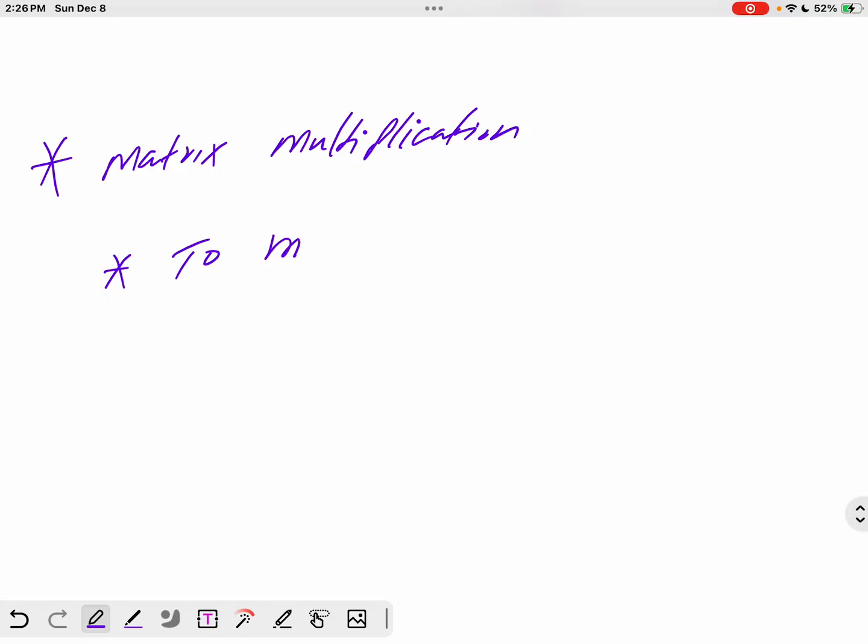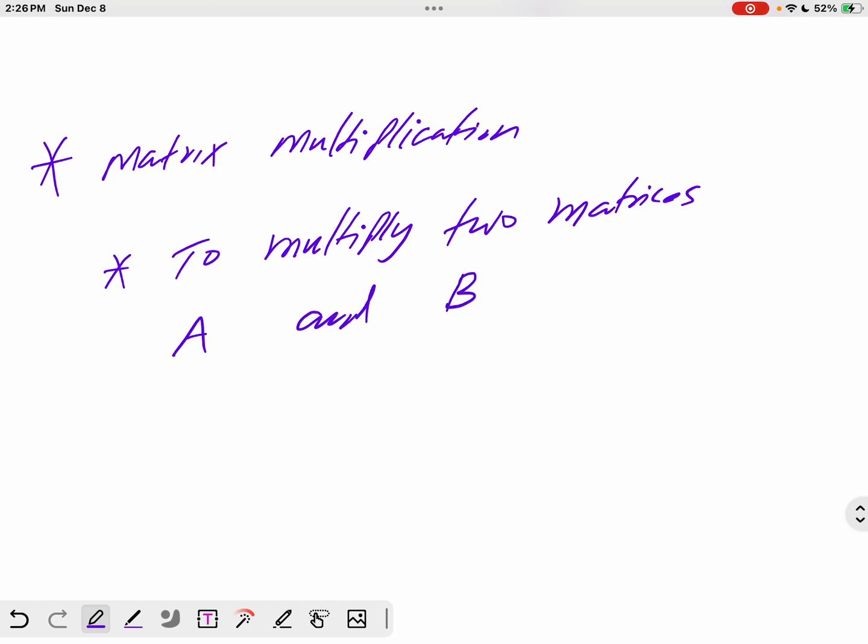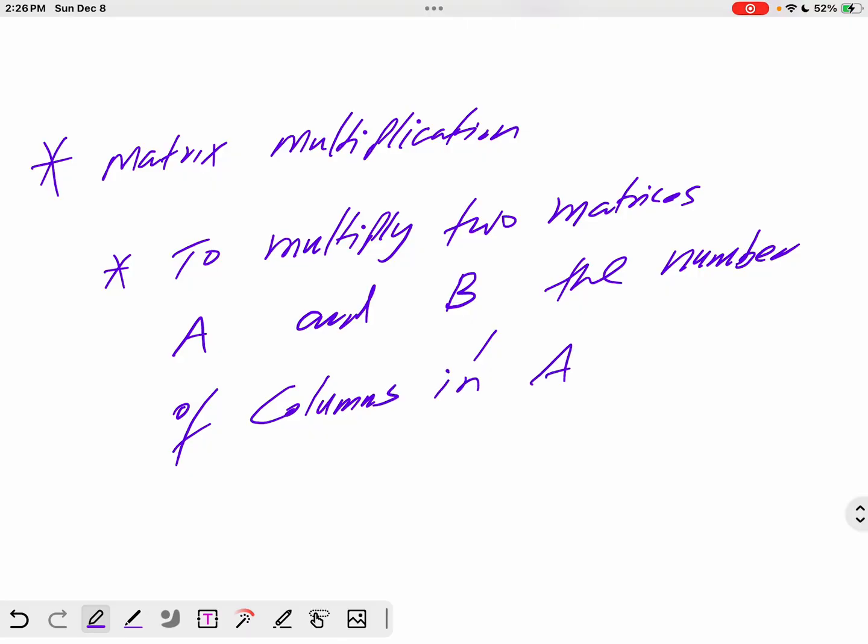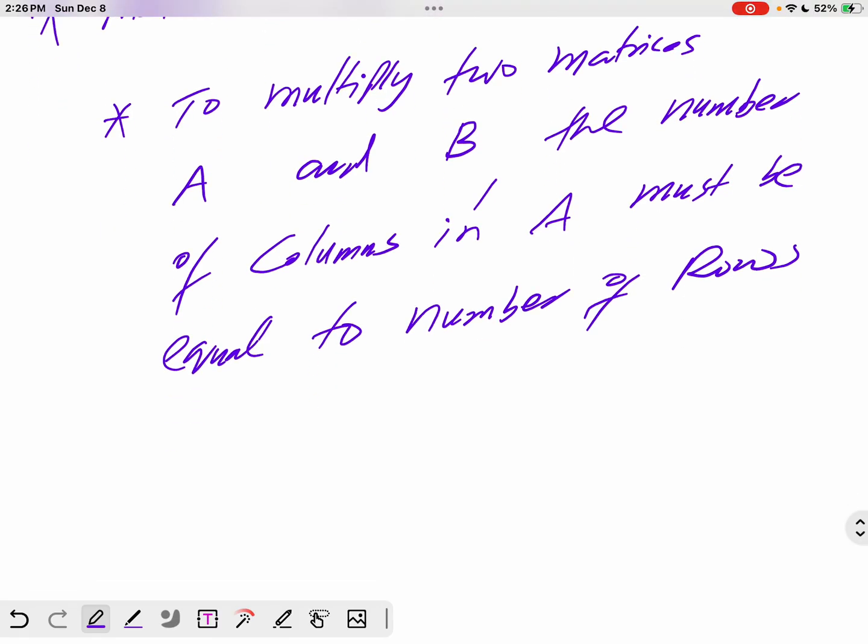So the rule is, to multiply two matrices A and B, the number of columns in A must be equal to the number of rows in B. Okay, so let's do some examples on this.